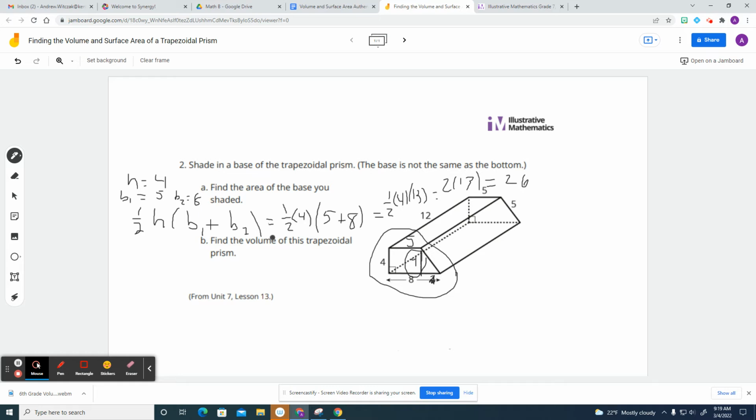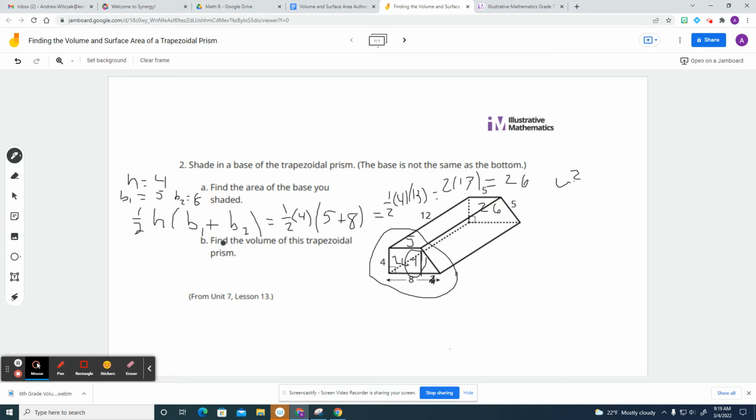And that 26 is measured in square units. They don't have the units listed, so I'm just going to put units squared. So if you notice, this bottom part is 26, and this top base here would also be 26.